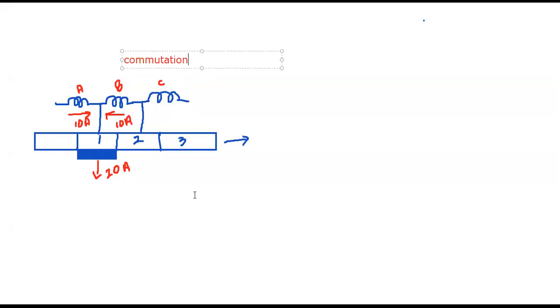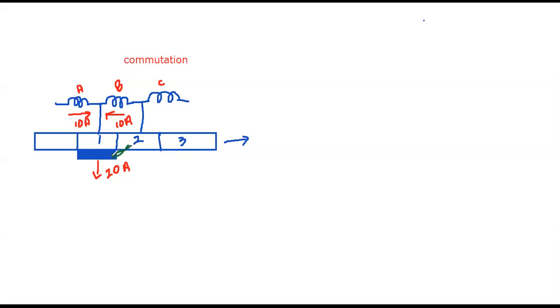Now we are going to discuss the ideal commutation. Before that, we forgot to draw our sparking effect here, because that is the main drawback associated with this commutation.